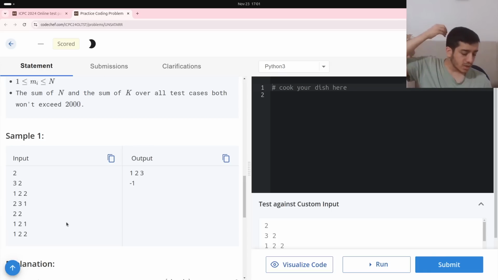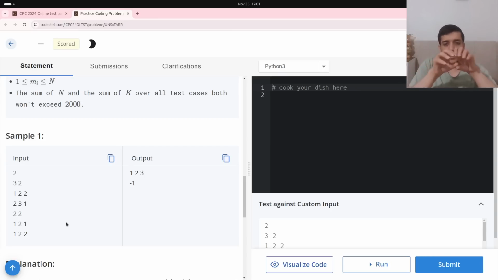Okay, it seems to me like fill the whole array by 1. Then start reading triplets that say minimum should not be 1. So when minimum should not be 1, all elements in this range should be more than 1. Okay, so increase them by 1.